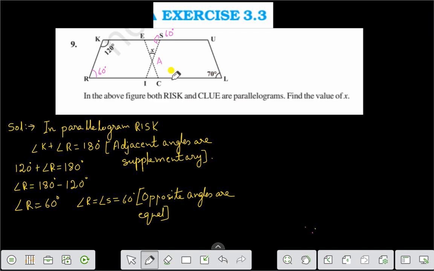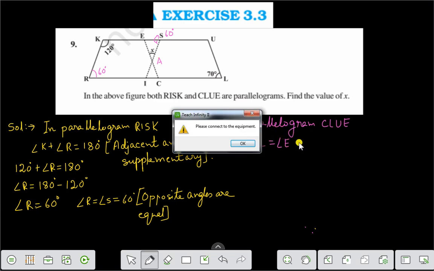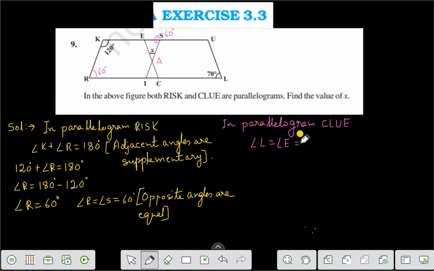Right? Now here in this case, in parallelogram CLUE, angle L is equal to angle E. That is equal to 70 degrees.